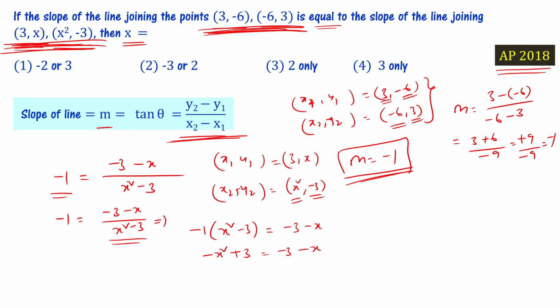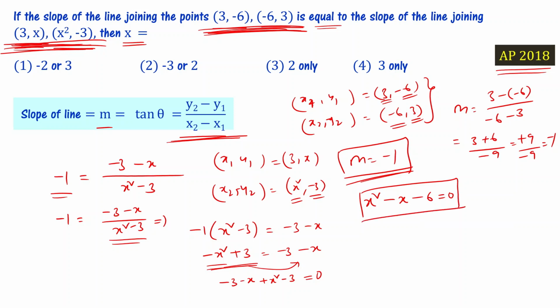So what I'm going to do is I'm going to take everything to ఈ సైడ్ నుంచి ఈ సైడ్కి తీసుకెళ్ళిపోతే ఇప్పుడు ఈక్వేషన్ ఏమవుతుంది? minus 3 minus x plus x square minus 3, right, equal to 0 అవుతుంది. This can be written as x square minus x minus 6 equal to 0. ఇది quadratic equation. ఈ ఈక్వేషన్ సొల్యూషన్స్ ఏంటో చూడాలి మీకు.